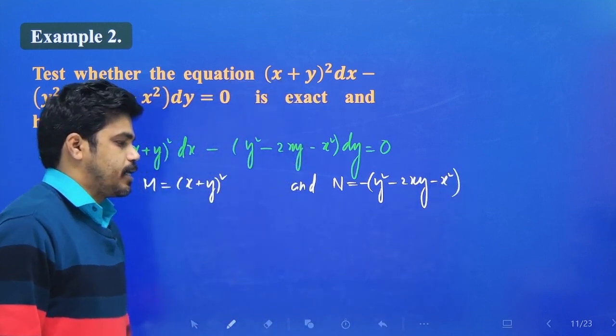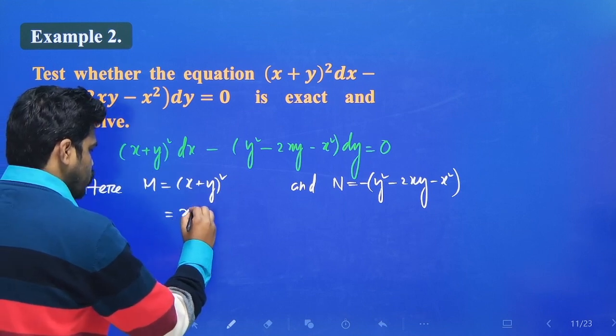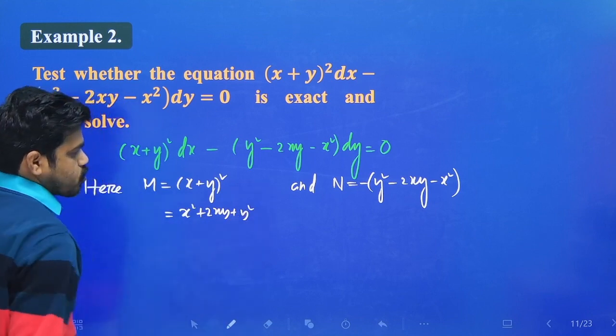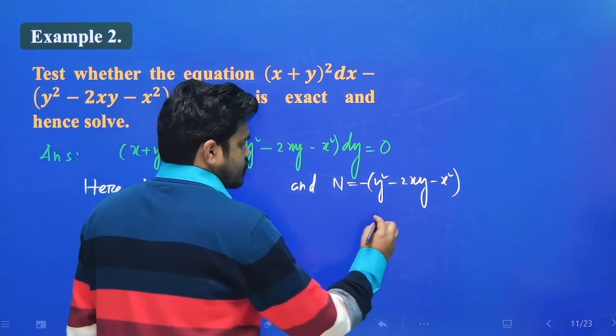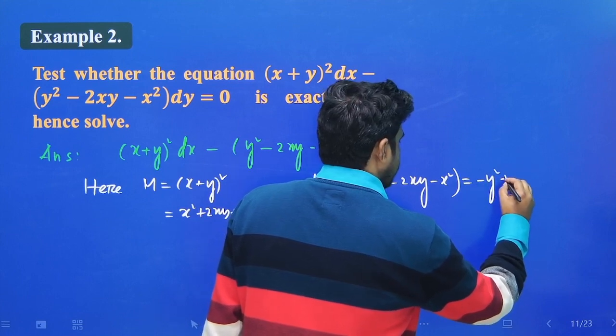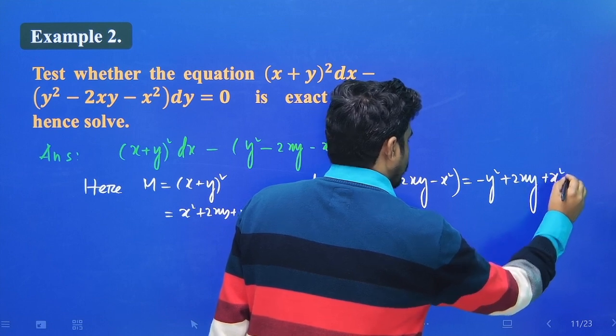So this is N, right? So (x plus y) square, (a plus b) whole square, so x square plus 2xy plus y square. And here this is minus y square, plus 2xy plus x square.